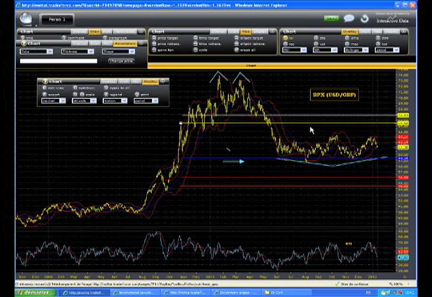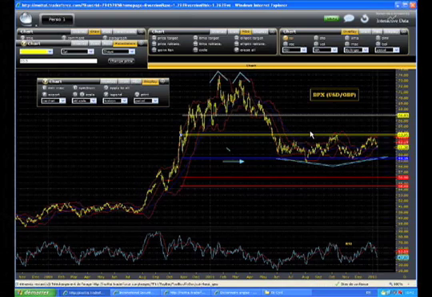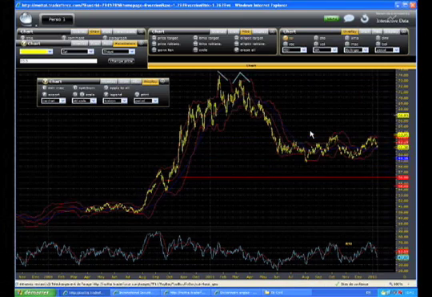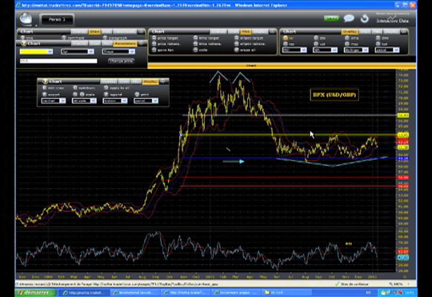But as long as the pair trades below 63.50, we don't have a clear signal to buy the pair.